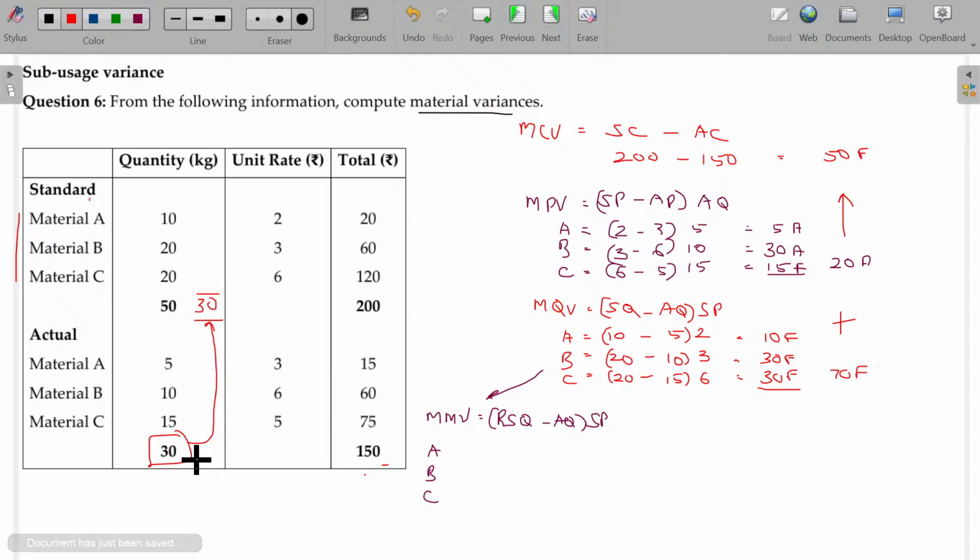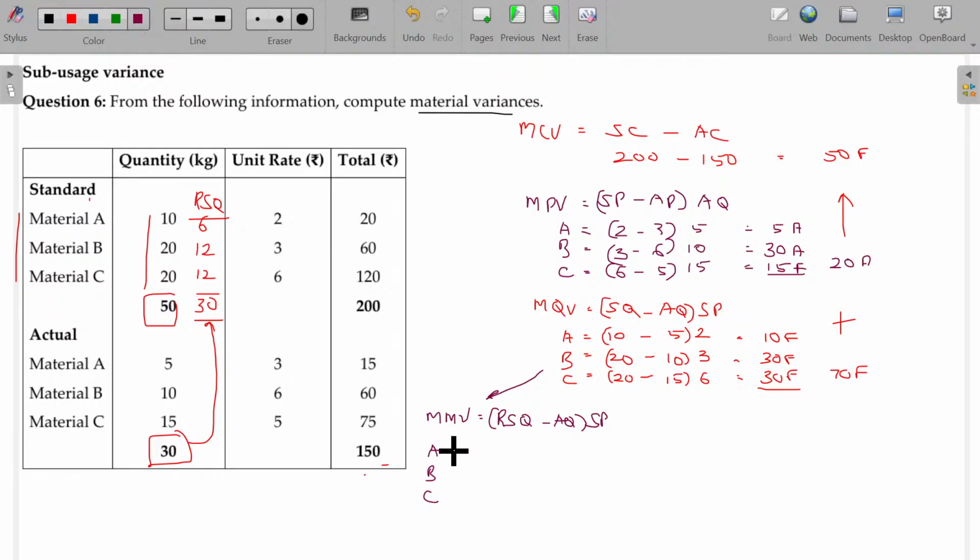Actual input being 30. Standard mix means out of 50, 10, 20, 20 is a standard mixture. Otherwise, 1:2:2 is a standard mixture. Then this actual input 30 will now be shared in the ratio of 1:2:2. Then 6, 12, 12. This is called RSQ.